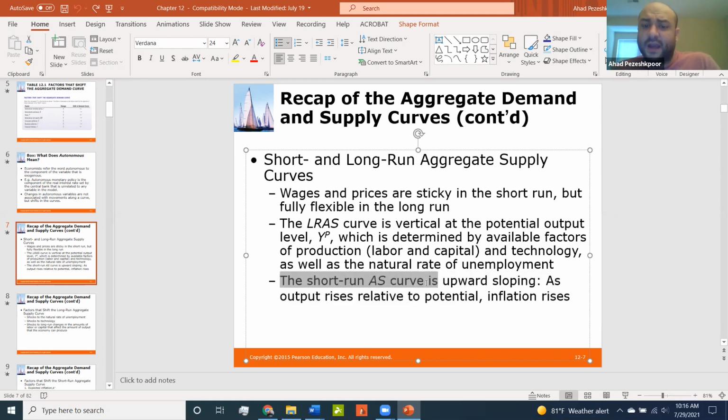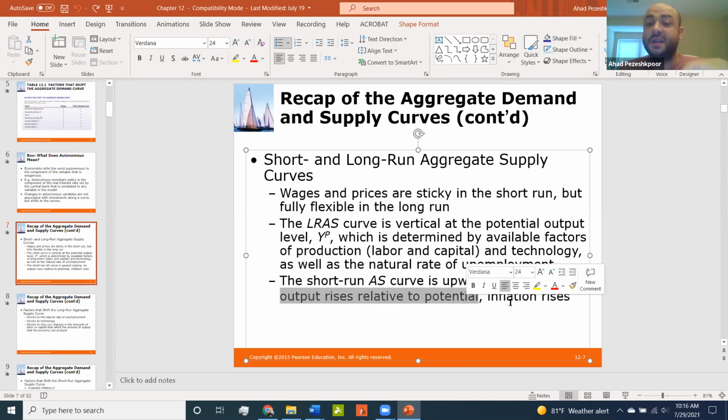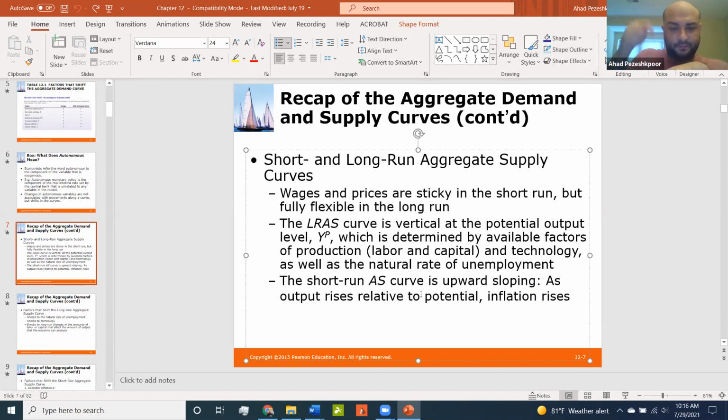The short-run aggregate supply curve is upward sloping. As output rises relative to potential, inflation rises. This is why the Federal Reserve keeps causing inflation by lowering interest rates. This is why, in fact, every politician wants it.